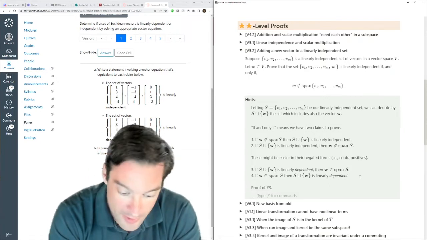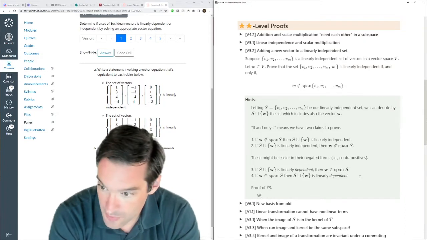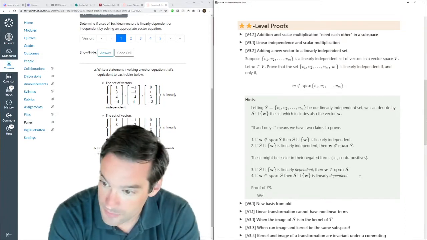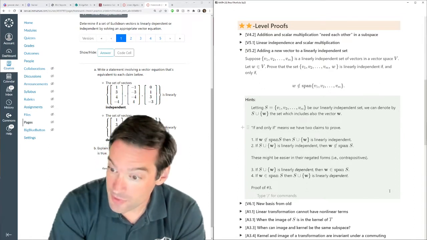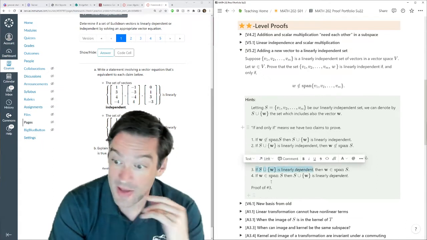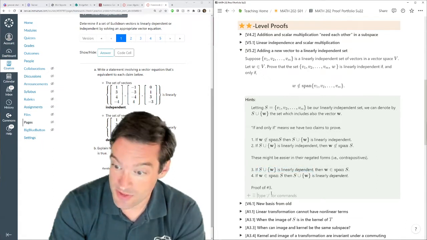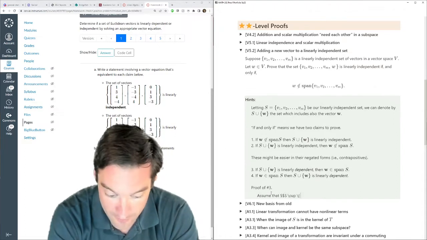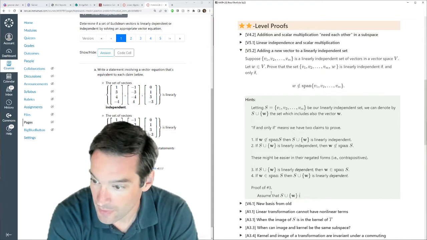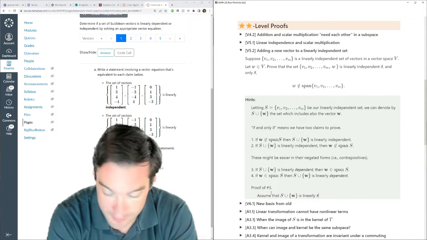So what we would want to do here to set the context is that if we want to prove this statement directly, what we would do is assume that the hypothesis is true. So assume that my augmented set of vectors is linearly dependent. Assume that S union W is linearly dependent.